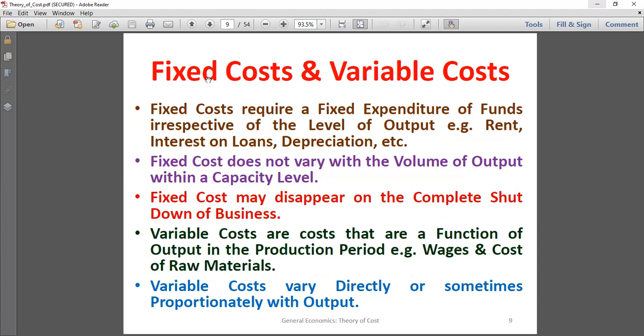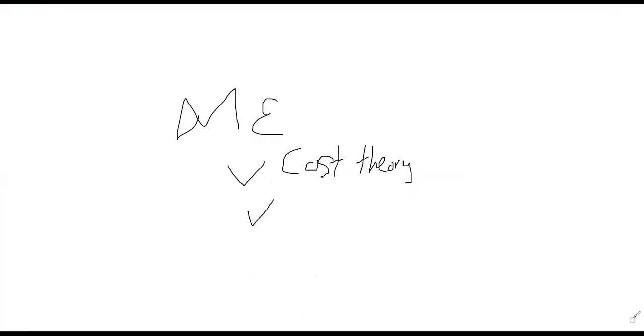Then we come to what are called fixed and variable costs. A fixed cost is a fixed expenditure of funds that is irrespective of the level of output. So graphically, when we're dealing with fixed costs, we're dealing with costs that don't vary with production. So you have a curve like this.